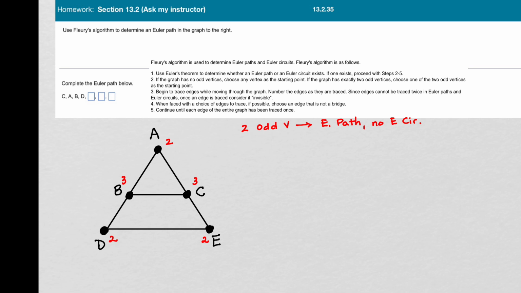Okay, so we're going to complete the Euler path. We are starting at vertex C, so that's here.